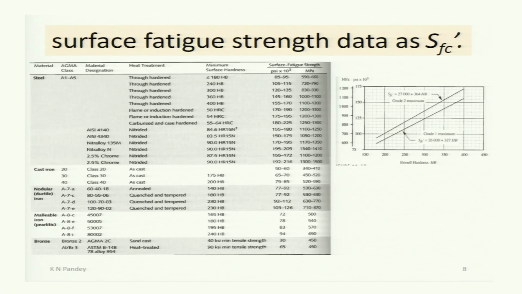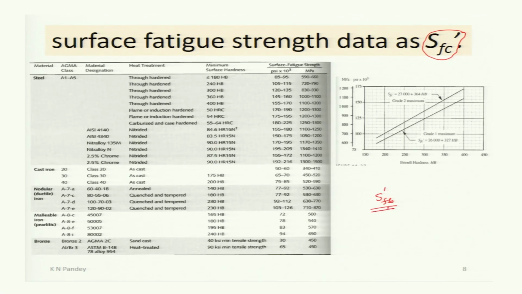Now surface fatigue strength SFC dash can be obtained from the literature, and one of the tables is given here, very much similar to the table for SFB dash for bending fatigue strength.